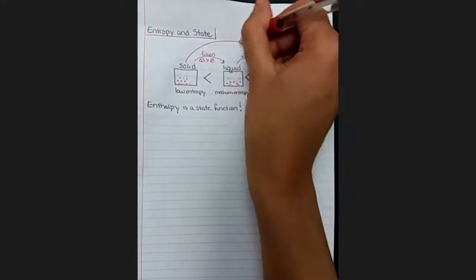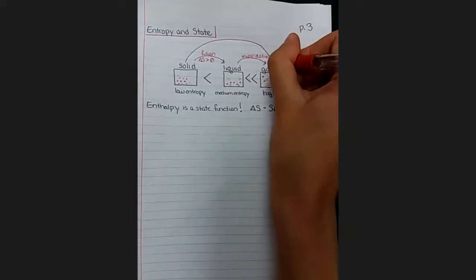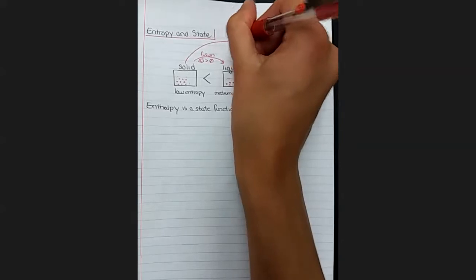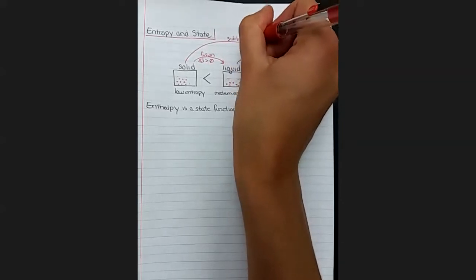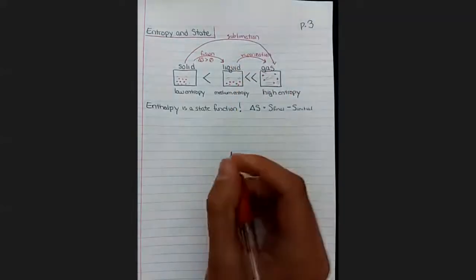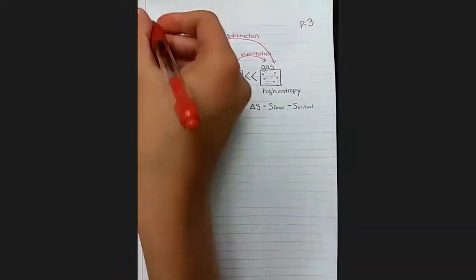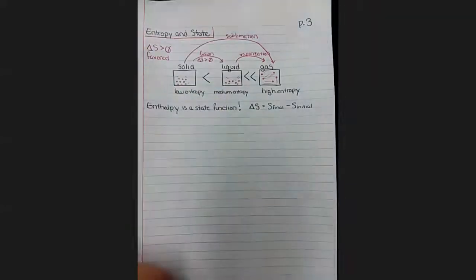And sublimation, moving from a solid to a gas, that one is going to be positive. So everything up here on the top moving from low to high is going to have a delta S greater than 0. And this is the favored energetic direction.